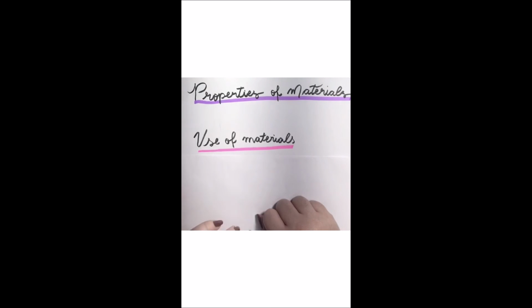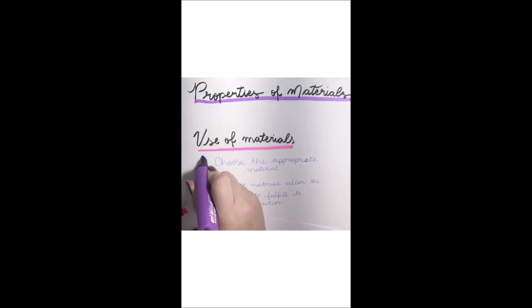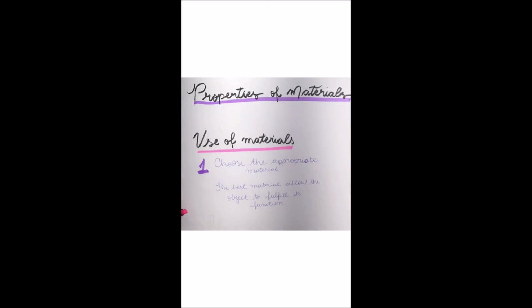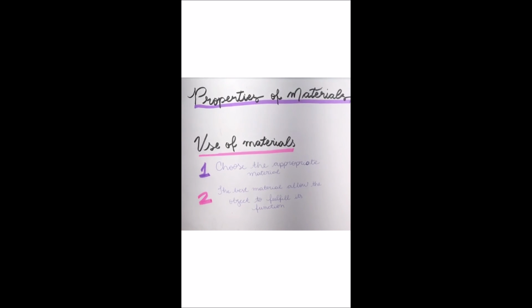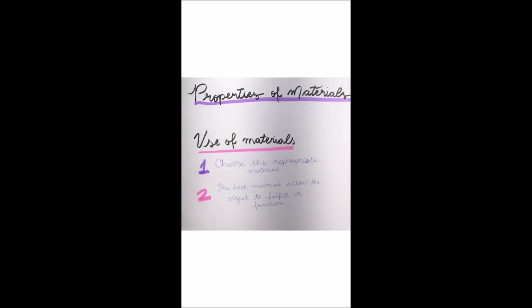So, what do you need to think? First of all, you need to choose the appropriate material. You need to think about its properties and choose the one that is appropriate for its function.